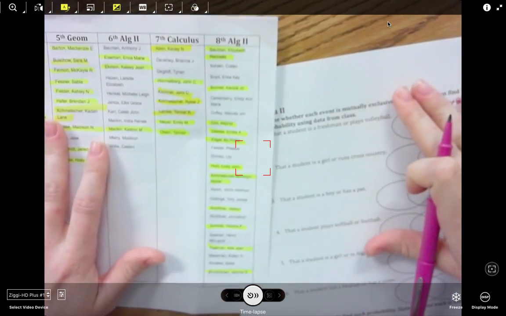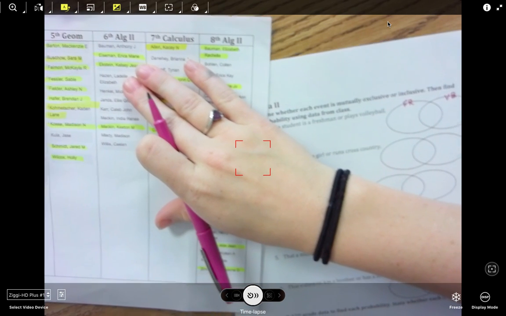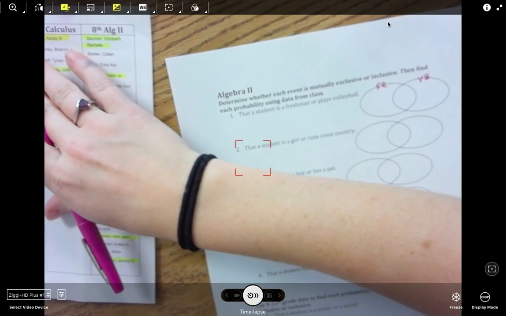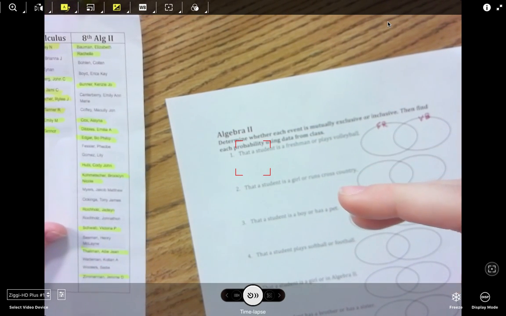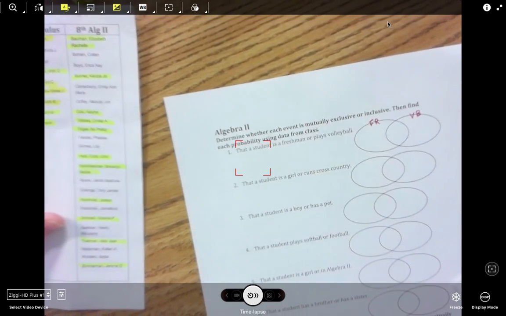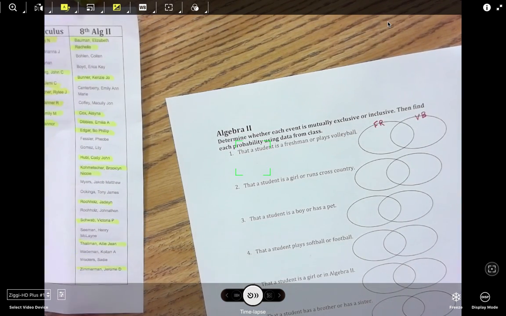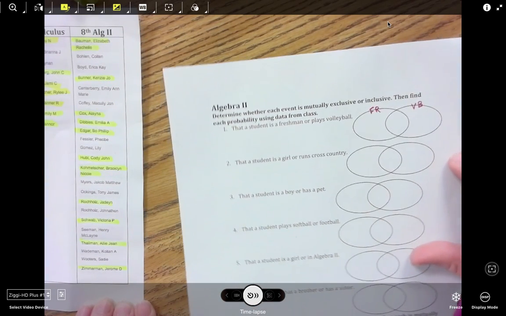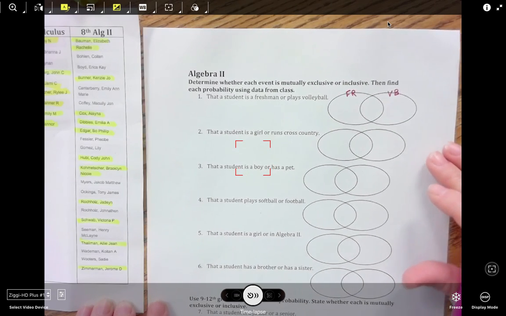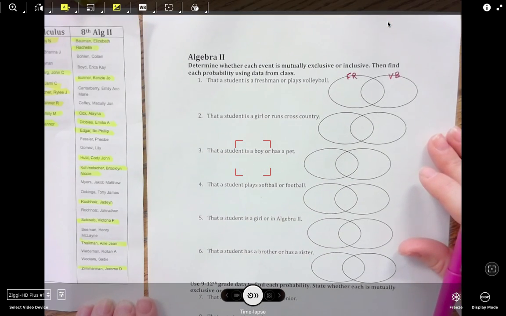Let's see if I can zoom out far enough. You may need to pause this video as you go through this list to see who is all in your class, or you can just look around the room and see who all fits into this category.